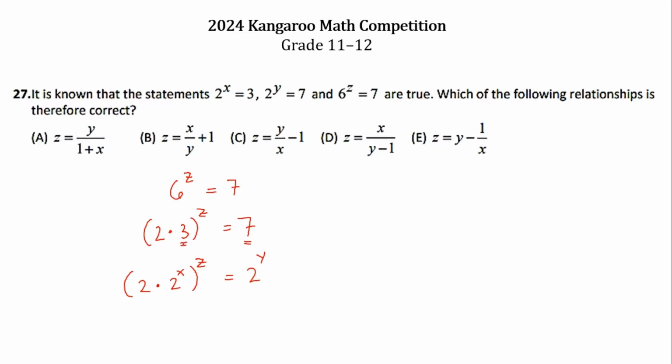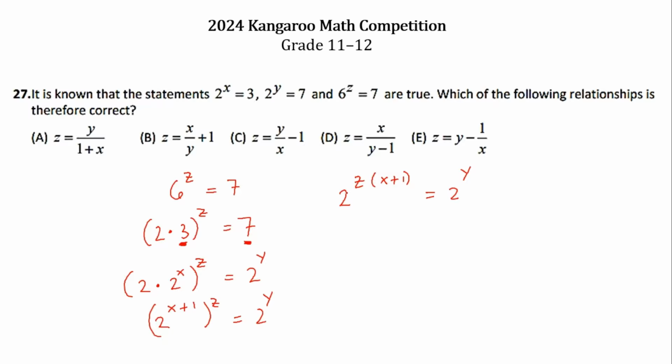Again, the 3 here is replaced by 2 raised to x, and then the 7 in the right hand side is replaced by 2 raised to y. Now, this is the same as 2 raised to x plus 1 raised to z equals 2 raised to y. Distribute the z inside, so that's 2 raised to z times x plus 1 equals 2 raised to y.